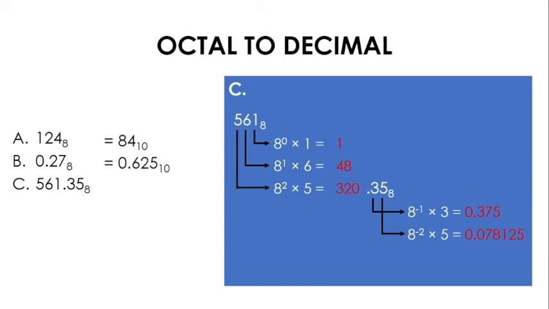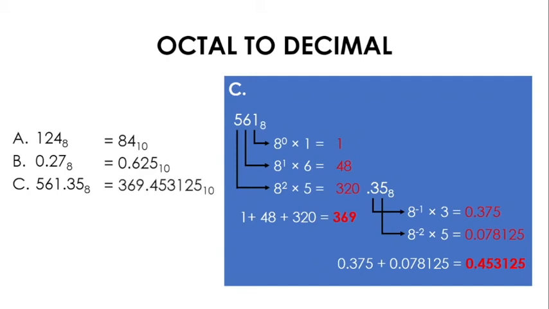The decimal equivalent of 561 octal is 369, and the decimal equivalent of 0.35 octal is 0.453125. So combine the answers, and the decimal equivalent of octal 561.35 is 369.453125.